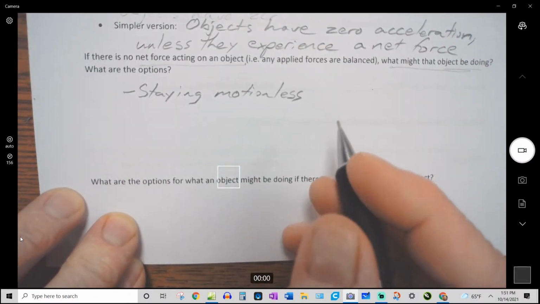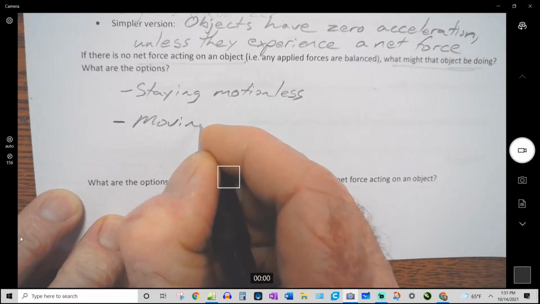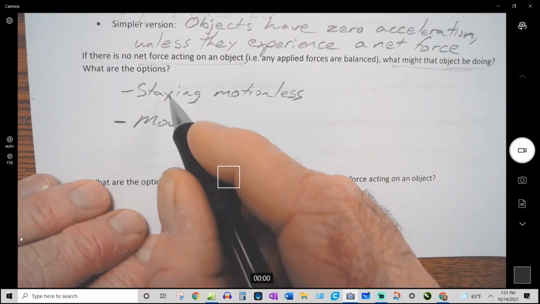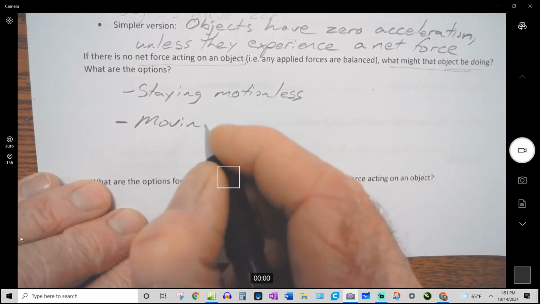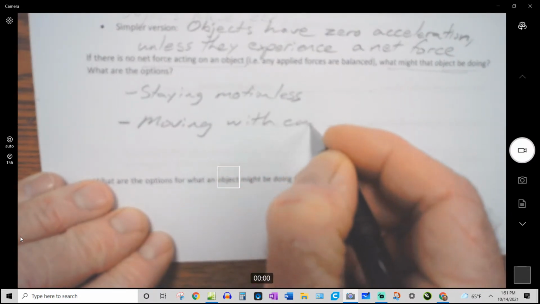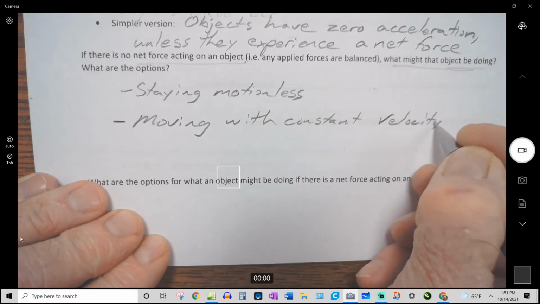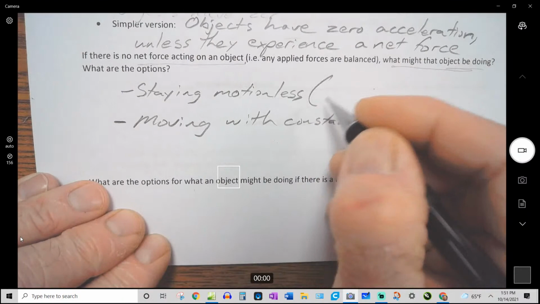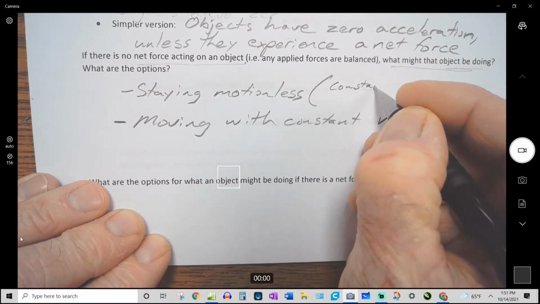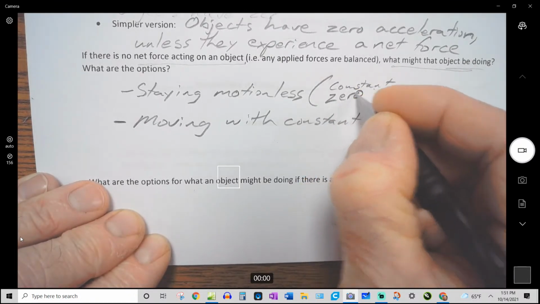Yeah, so moving with a constant velocity. You have to have a constant velocity. You have to have zero acceleration. So you can have zero velocity, or you can be moving with constant velocity. But one way or another, velocity's got to be zero, or got to be constant.